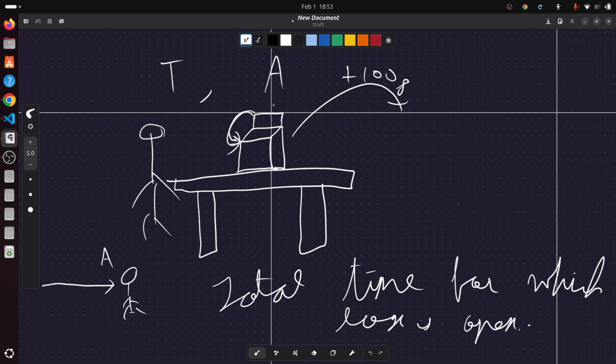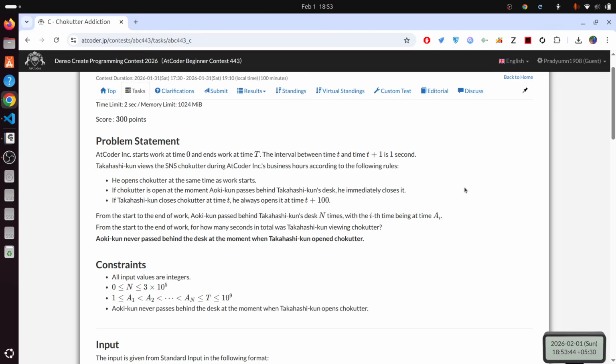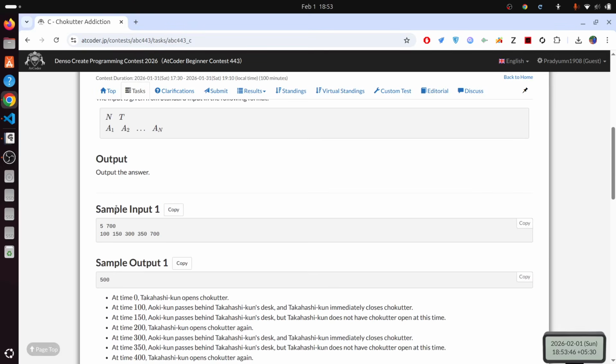So when he's opening the box, Aoki will not come. That is guaranteed in the input. They have promised that in the input, okay. So that is the problem, and we have to find the total time for which the box is open, right? So let's look at some samples and understand this problem.